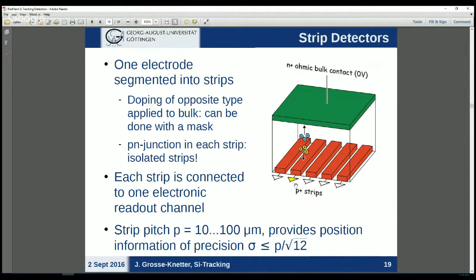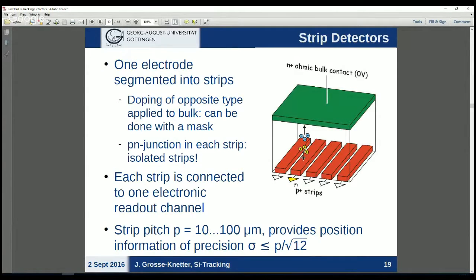So technically, you can achieve something in the few 10 micron order, and by simple statistics, you can calculate that the position precision of a hit strip with pitch P would be P divided by the square root of 12. So for example, for a 50 micrometer pitch, you would get to 14 micrometer resolution in that case, which is fairly decent. So you can do decent tracking and vertexing with that.